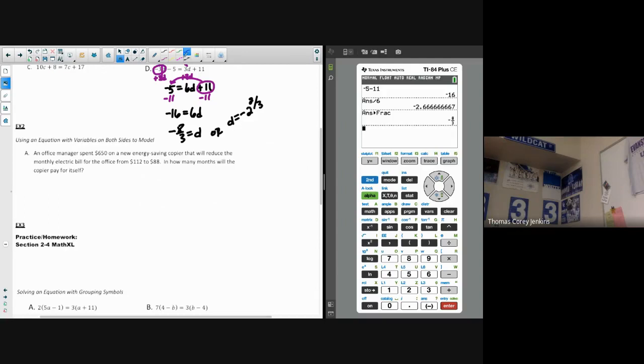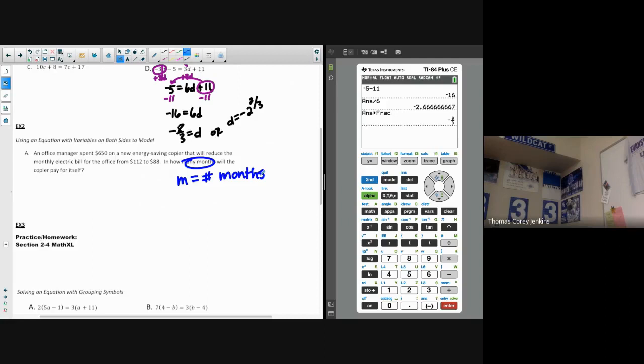Okay. So what we want to basically do here is, well, we can always define our variable. So it says in how many months. So we'll let M equal number of months. That always helps. And then we're going to write an expression for cost for the new one and for the old one.